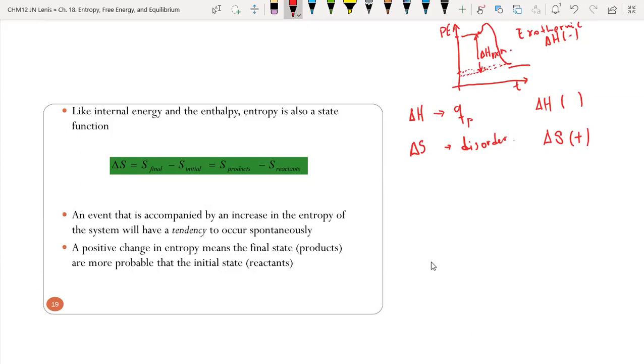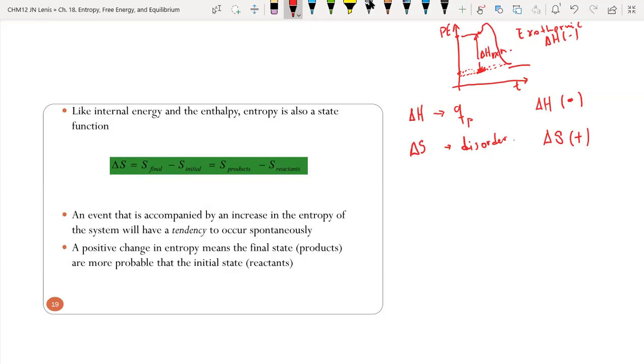The difference of energy between the final, which is here, and the initial, which is here, or was there. So yes, nature prefers exothermic processes. Why? Because the products gain more stability because they have less potential energy.